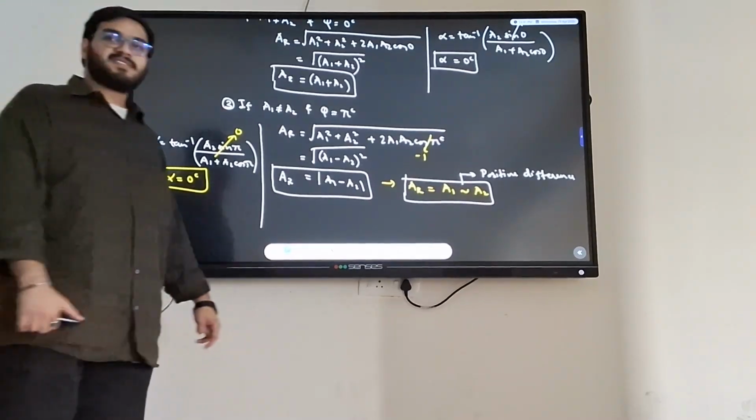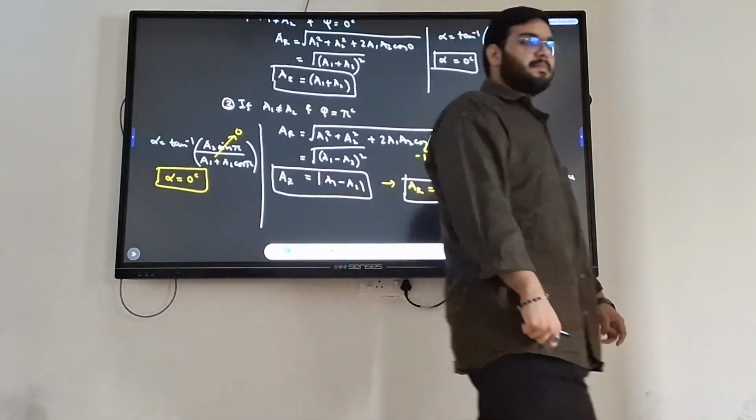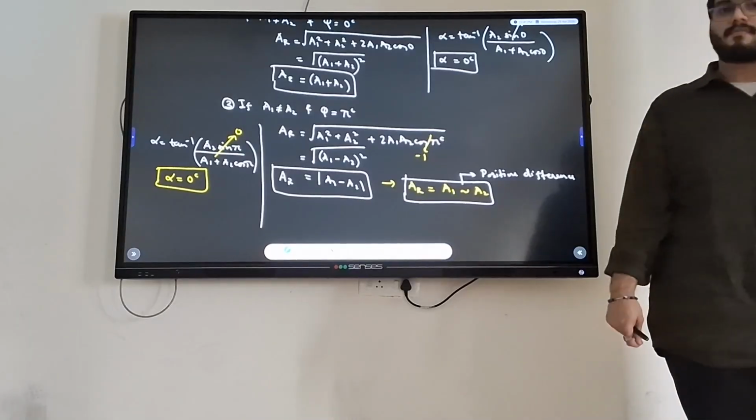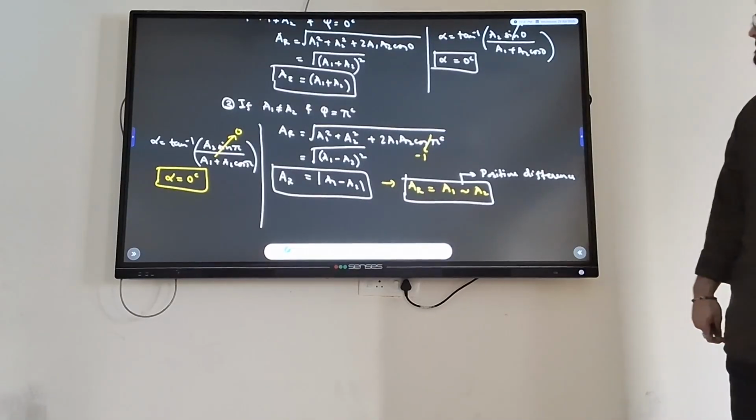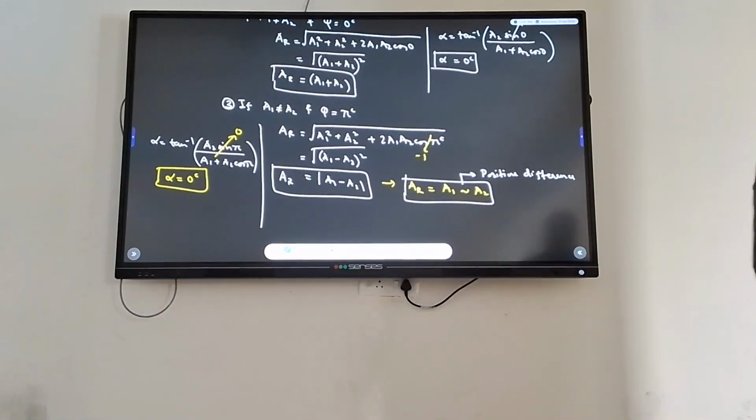What if you have a phase difference which is pi by 2? Then what happens? Try to get the AR and alpha. Root A1 square plus A2 square, and alpha is tan inverse A2 by A1. Correct.